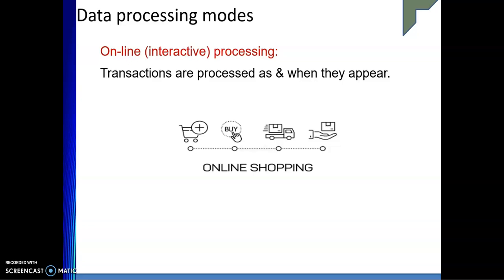You can quickly click on buy, and immediately some kind of transaction happens, and we can see that the order has been placed, these are my items and all these things. So this is online, in an interactive way, right? Because you can look into the items, you can create a cart, you can update the cart, you can delete some items, and then you can buy it, make the payment, give a shipping address, everything, right? You're in an interactive mode through which you can do that.